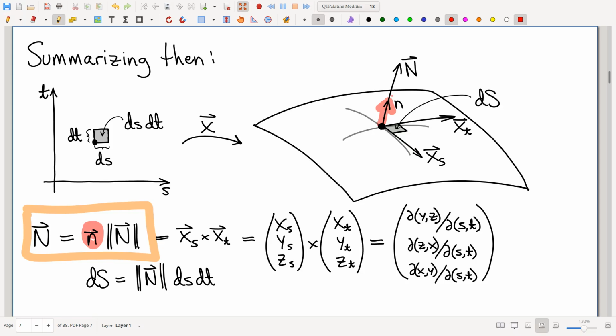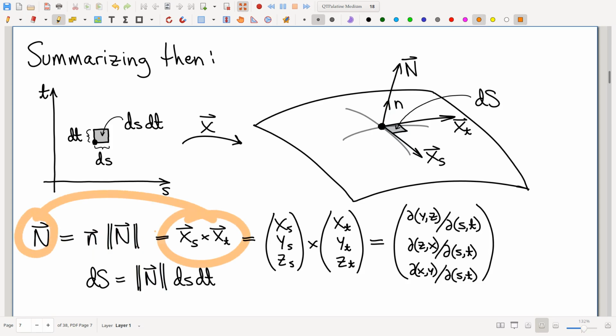So I'm going to be referring to this as the parametrized unit normal vector. Okay, just a little bit of language. The magnitude, of course, we've already talked about what the purpose of the magnitude is. The magnitude is our stretching factor that allows us to get our hands on how big little pieces of area are. And, of course, we also have this formula for capital N, this cross product.